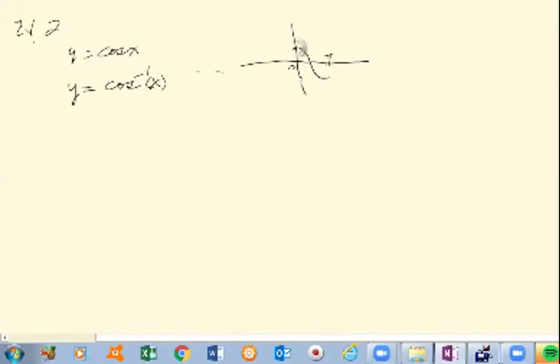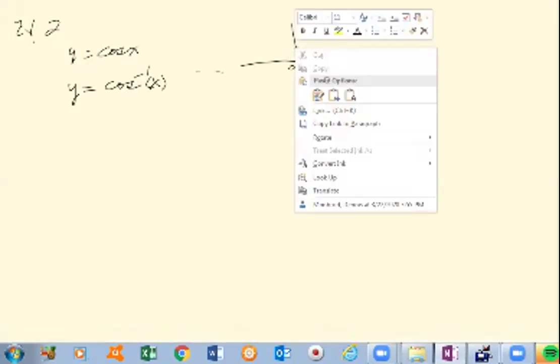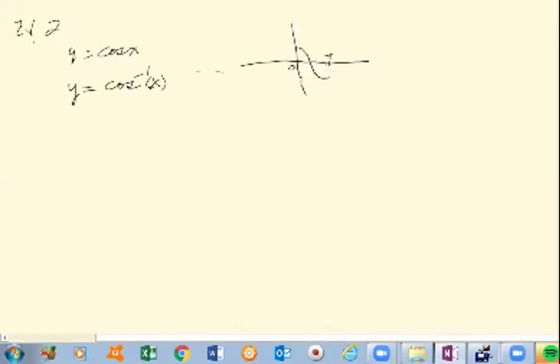Notice we have one piece of the cosine function here, and that's all we need, the full range of values from -1 up to 1. That gives us everything we need from the range of the cosine, and restricting the domain also gives us a decreasing function. It's monotonic, which means it'll be 1 to 1, and that means the inverse will be a function.